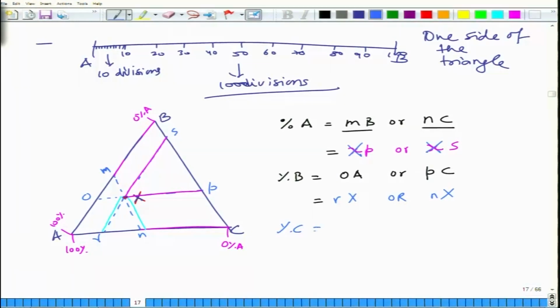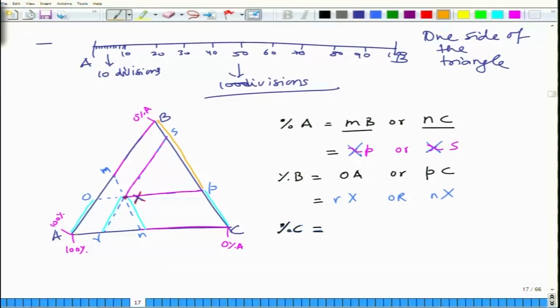Similarly, percentage C, let us use a different color for C, is determined using the line which is parallel to the AB axis. So this is the line RS.